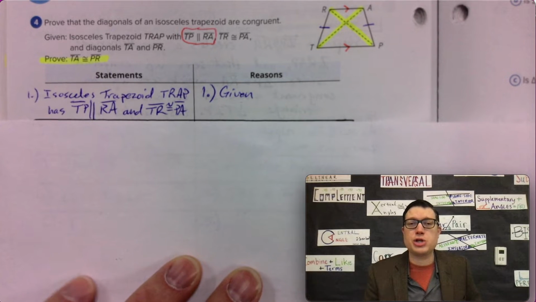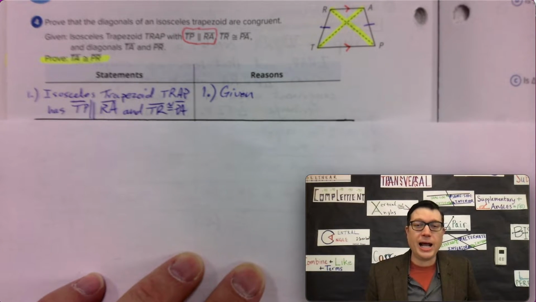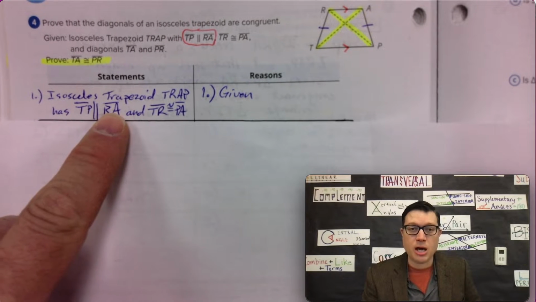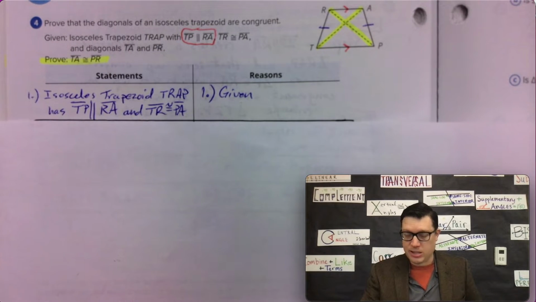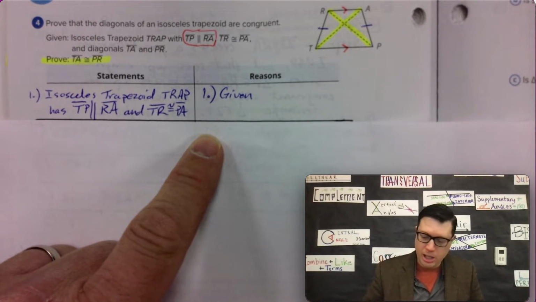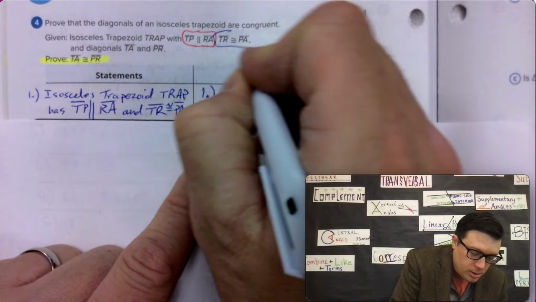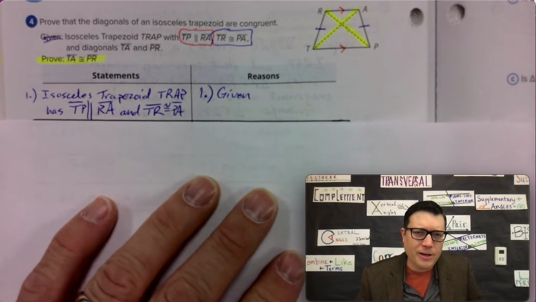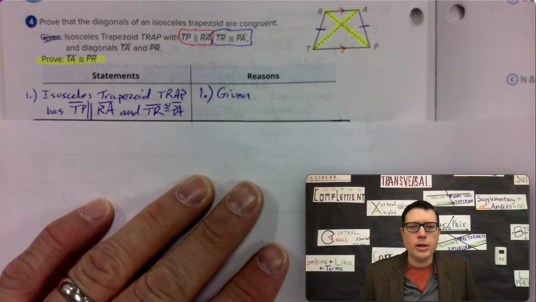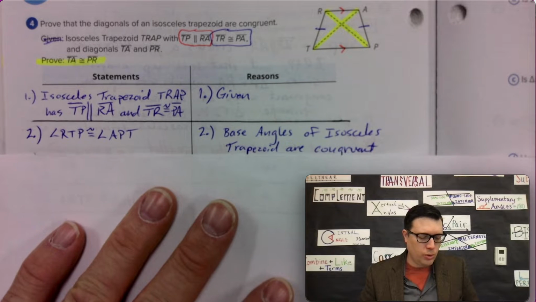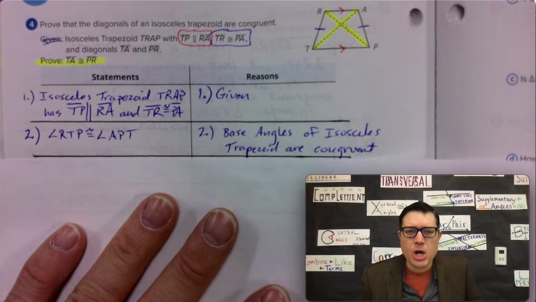It's a given. Isosceles trapezoid, TRAP. It has a pair of parallel sides, so TP is parallel to RA, and because of isosceles, TR and PA are congruent. So I'm just trying to really rewrite what's up here in the givens. Now, if we have this situation where it's an isosceles trapezoid and we have the parallel sides, well, that means we can actually say the base angles are congruent.